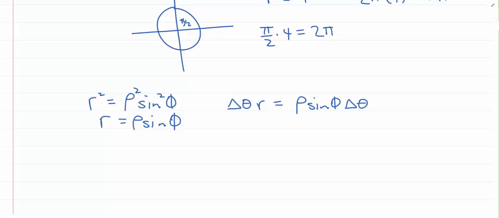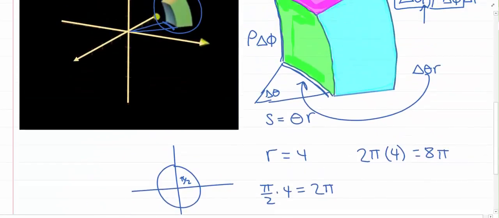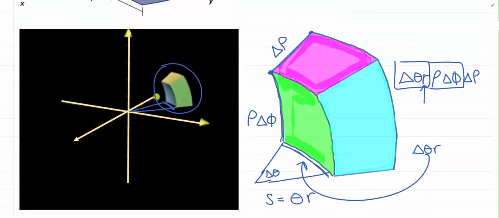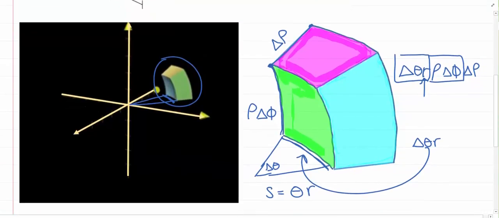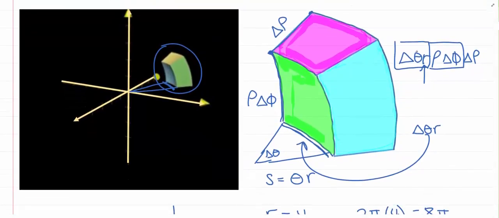So now, let's see what we have. If we put all of this together, what we're going to get is rho sine phi, and then what else do we have? Okay, we've got this one. Now I've got rho, delta phi, and delta rho.